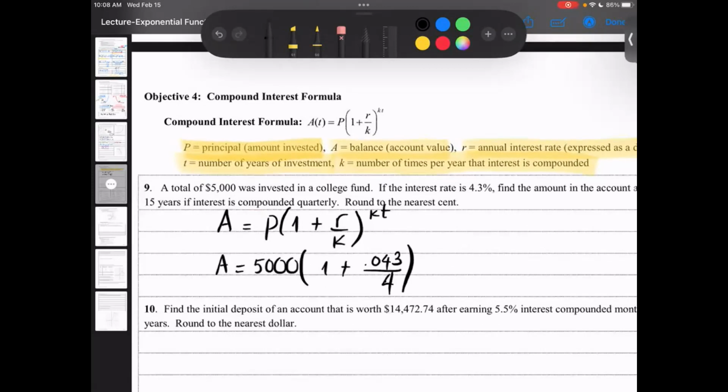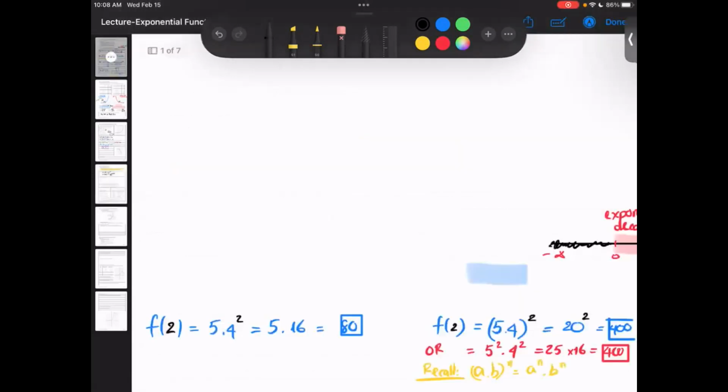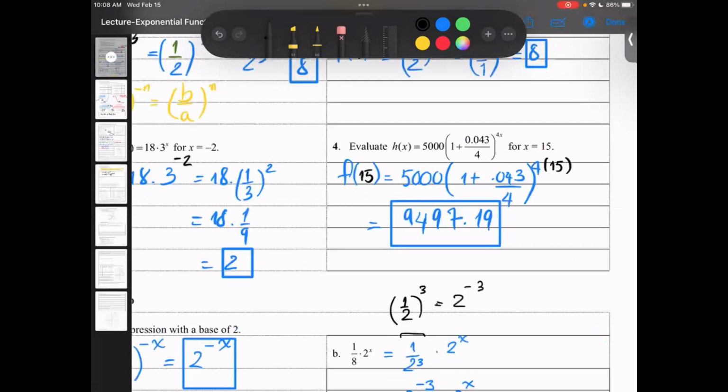K times T. The exponent K is 4. T, how many years? 15 years. We did this before on the first page. That's why I told you to do it. Remember this one? Good. So 9,497.19.